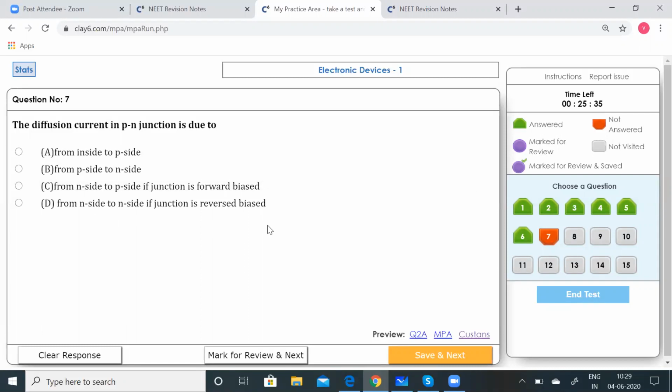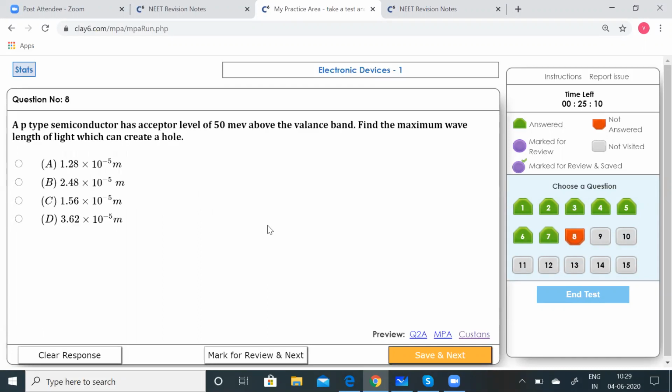So what can be the correct option? Diffusion current does not depend upon the external circuit. Remember that. So it takes place from the P side to the N side in the PN junction. So B should be the correct option. Save that, go to the next.